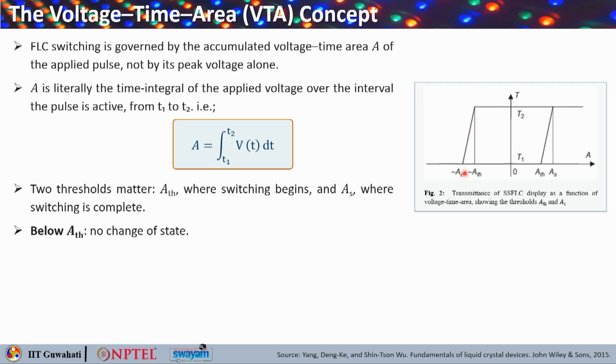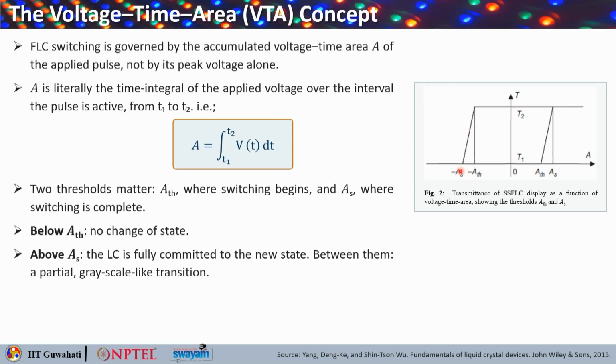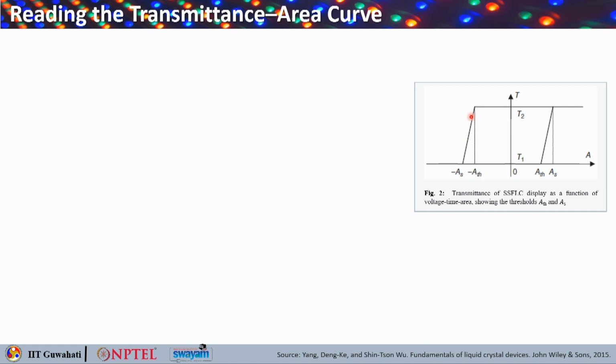Okay. And here you can see that below A_TH there is no change of state, and above A_S the liquid crystal is fully committed to the new state, and between them you can see a gray kind of transition, for this case as well as this case.